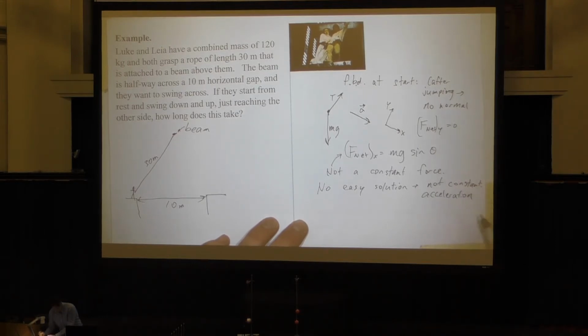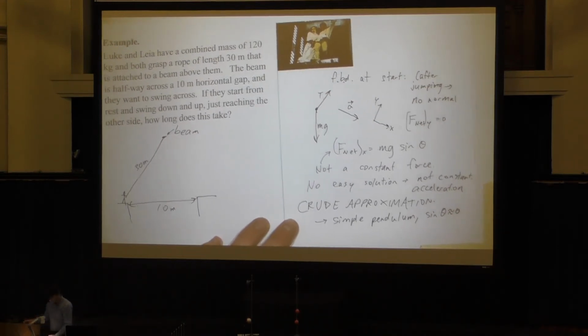That's our problem. So we can't do that. We could write a computer program, but what we could do is use a crude approximation, which is that we can assume that sine theta is theta. Simple pendulum. Sine theta is approximately equal to theta. So that's what we're going to do.